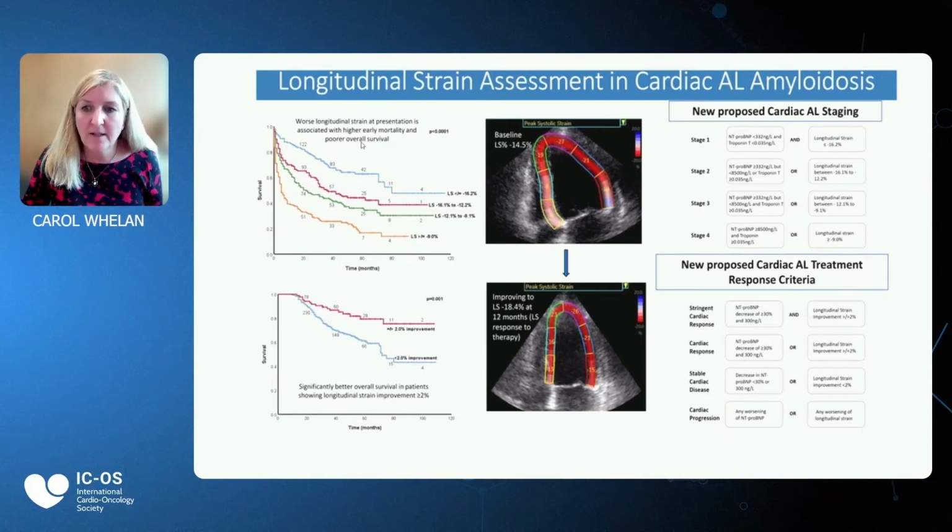Stable cardiac disease is where there's a decrease in the NT-proBNP, but it's less than 30% or 300, and the longitudinal strain improvement is less than 2%, or indeed where there's cardiac progression and there's worsening of the NT-proBNP or worsening of the longitudinal strain.